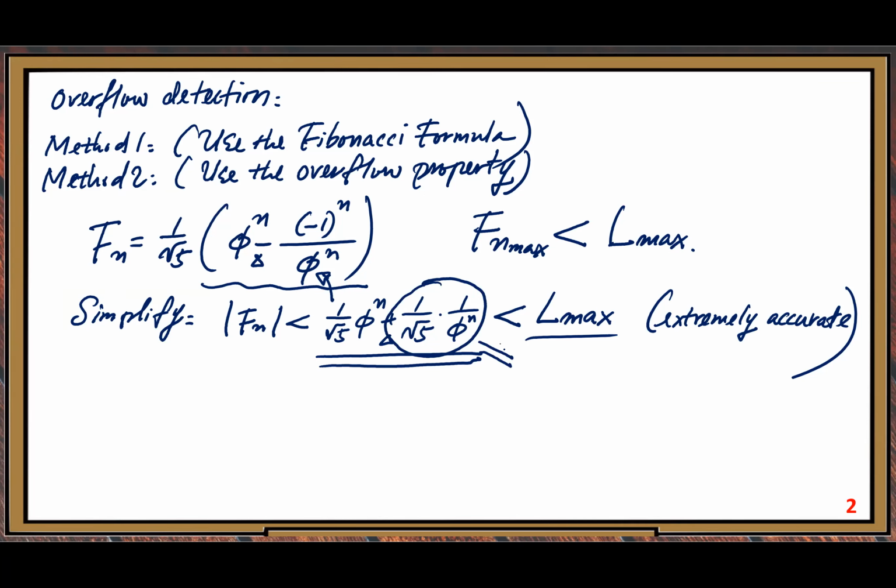How large is it? Remember, at the beginning I gave you some idea that the overflow place is where n equals approximately 93. When n equals 93, let us calculate this number.